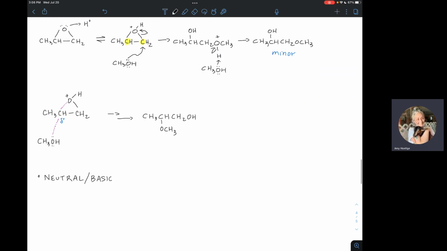So whereas this is kind of SN1/SN2, it's kind of neither, right? Because we don't actually form a carbocation, so it's not purely SN1.